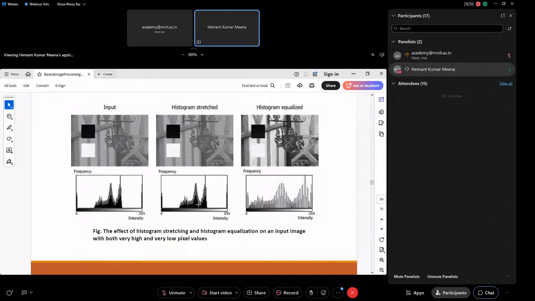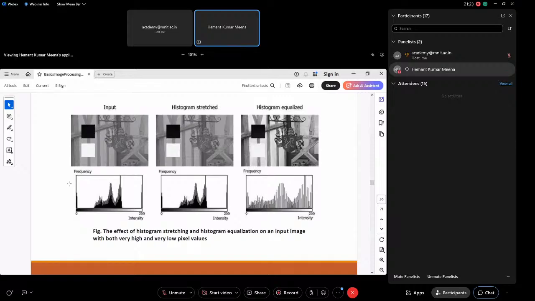Why is it happening? It is happening because, as we initially understood, many low values are there, and maximum values are in the in-between range. That's why the histogram stretching has not worked.